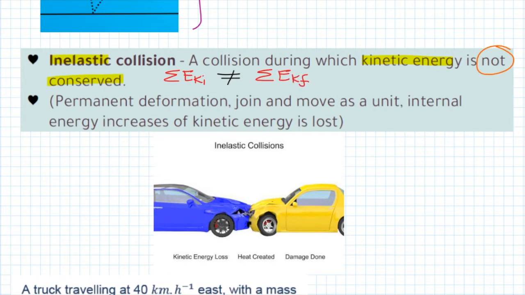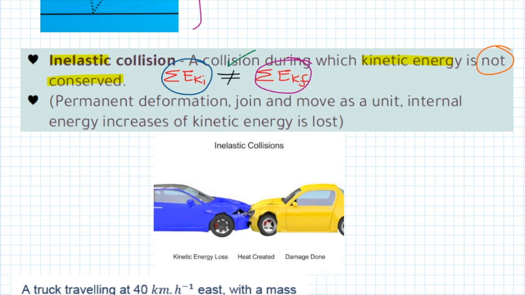So that's how you're going to prove that a collision is inelastic. First, add up the kinetic energies before the collision. Then add up the kinetic energies after the collision. If they're not equal, then the collision is inelastic.